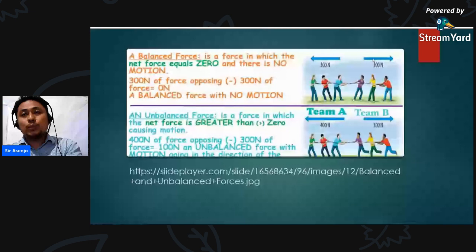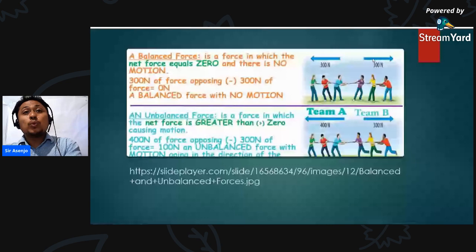With the opposing force, another 300 newtons going in the opposite direction, and this time to the left. So what happens? 300 newtons of force opposing, that is minus 300 newtons of force, equals a balanced force with no motion. So they will stand still.